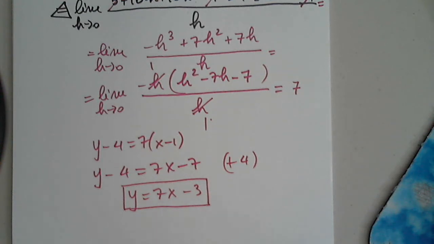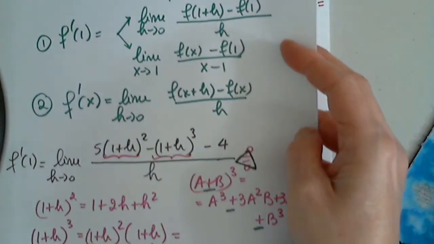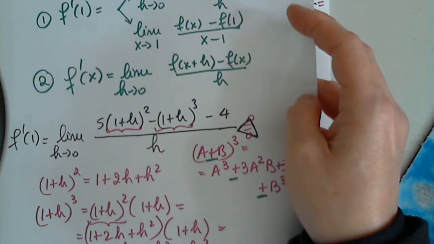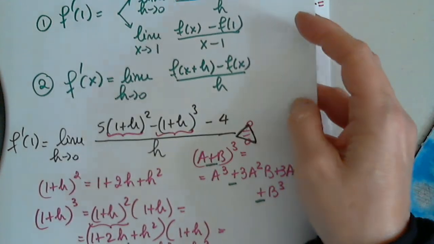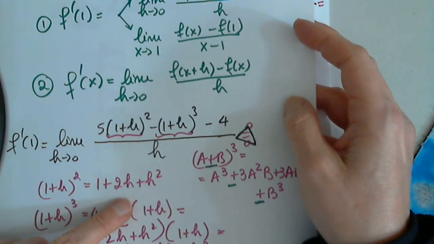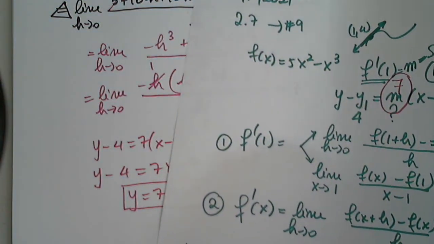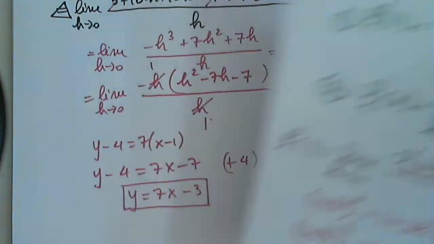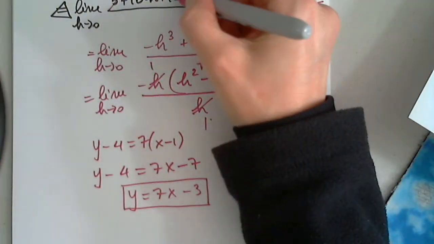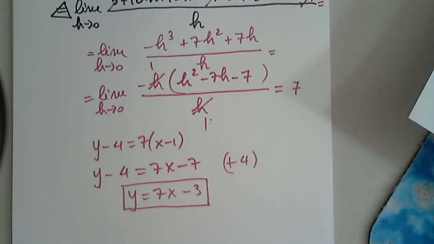How did you get 10h squared? No reason. Sorry. Thank you. It's 5.